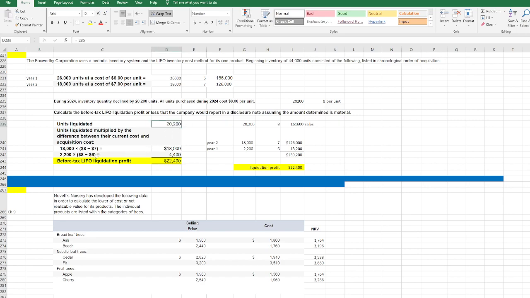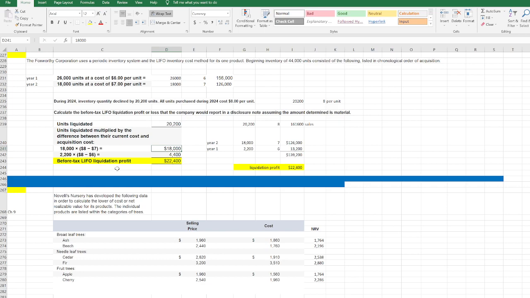Basically they're taking the difference between the $7 and $8 on the 18,000 units, and then they're taking the $2 difference, $8 minus $6 is $2, times the 2,200 units we still need to get to the 20,200, so that's 4,400 when you add that up.